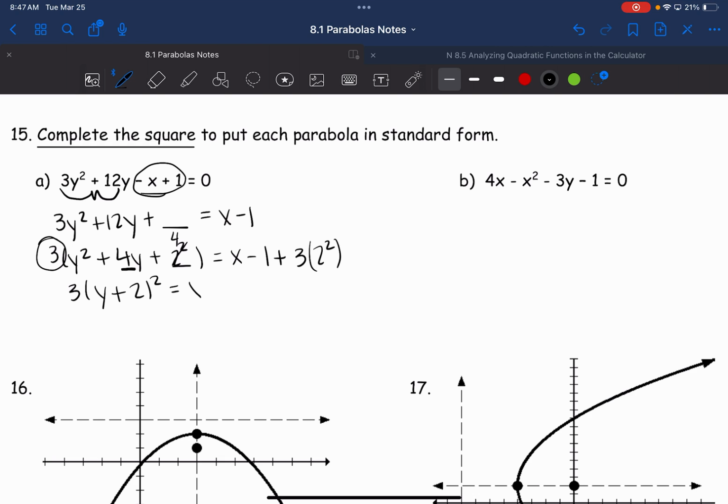And over here, we've got x minus 1. And if I were to simplify this part right here, that would be 12, right? 2 squared would be 4. 4 times 3 is 12. All right, and then these two are like terms, so I could actually go ahead and combine them. So I'd really have x plus 11 over here, right?